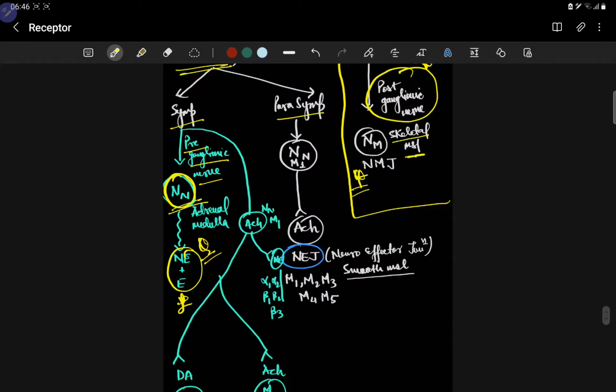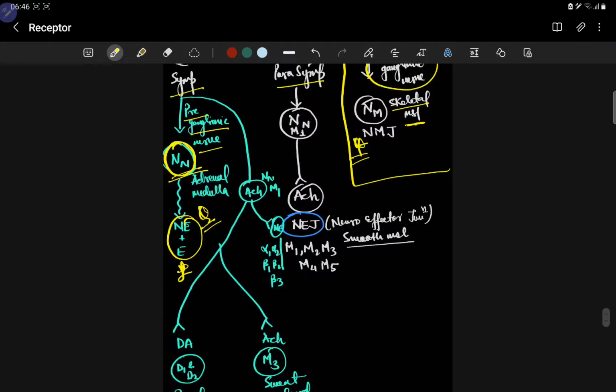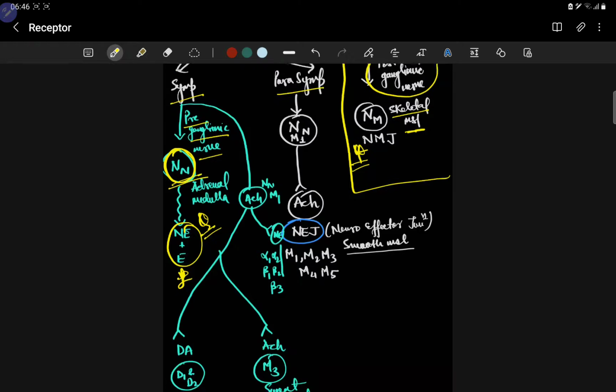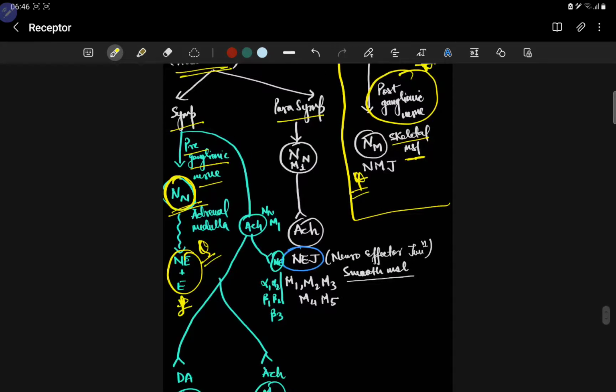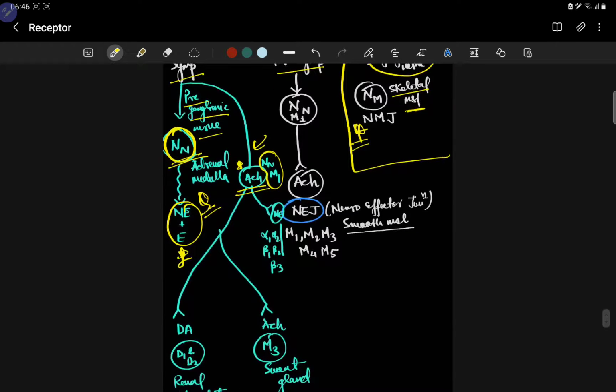Now the parasympathetic system will be acting on... there is something else. So what happens in the sympathetic system also, there is the NN and M1 receptor, which has a preganglionic nerve which forms acetylcholine, and in the postganglionic it forms norepinephrine.